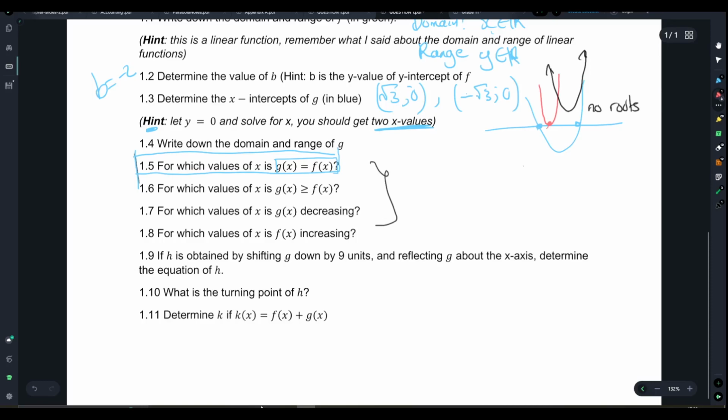Now, for which values of x is g of x greater than or equal to f of x? Again, we're going to work with it similarly. Something's really wrong here, bear with me.